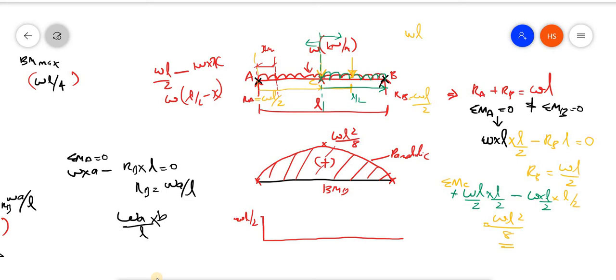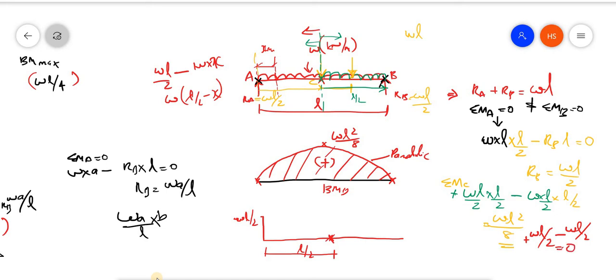Now let us understand the shear force at the center, at L by 2. If I take the section to the left, the forces are WL by 2 upward minus W into L by 2, which is 0.